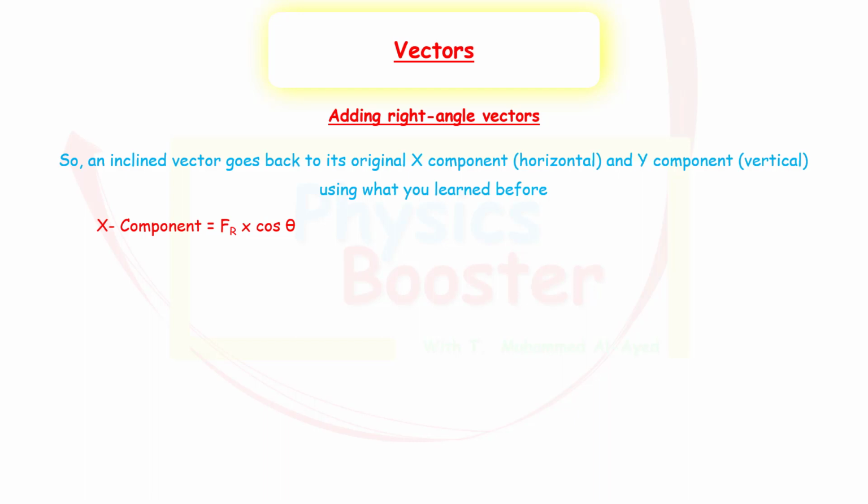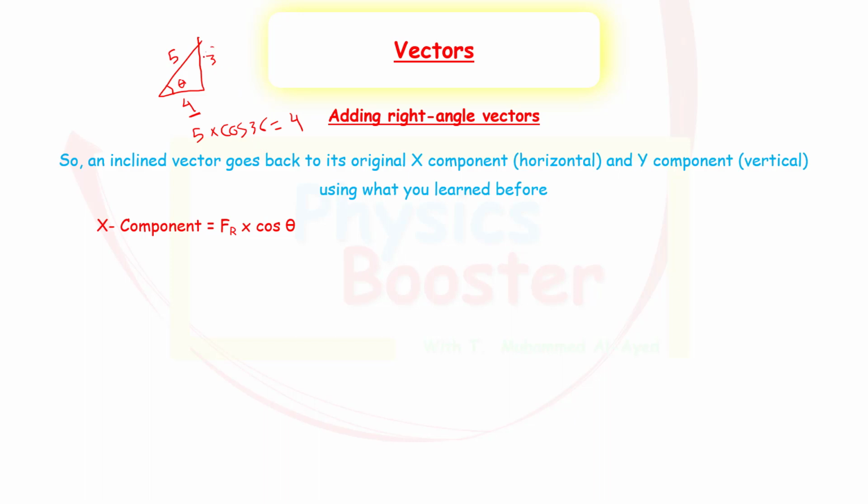Remember, let's go back and draw our triangle. We had this equal to 5, this equal to 3, and this equal to 4. So I have the inclination angle this time, and it was equal to 36, for example. I can find the x component. It's simply equal to 5 multiplied by cosine of 36, and we will get 4.